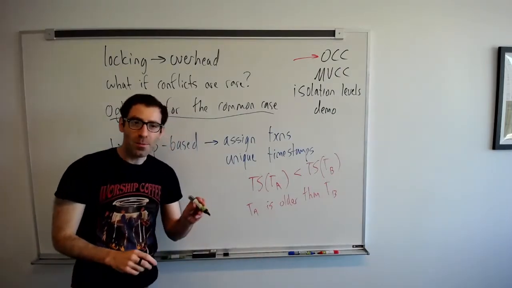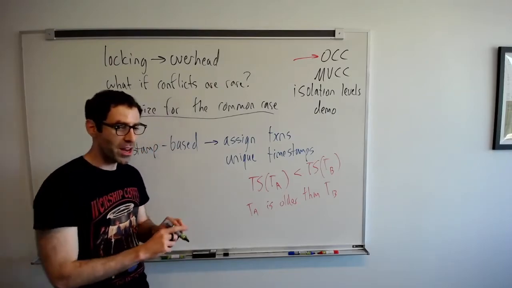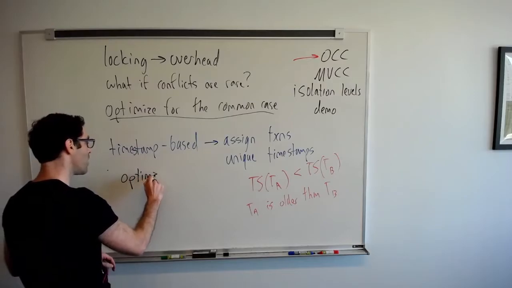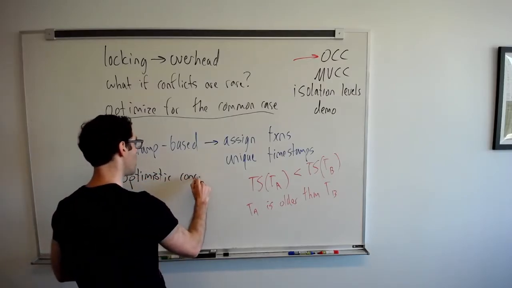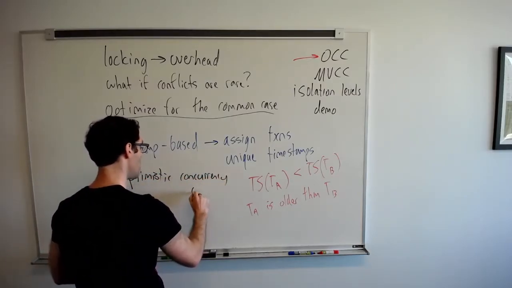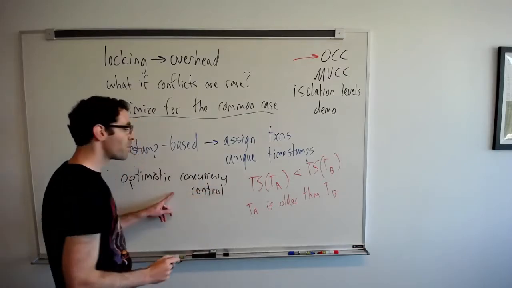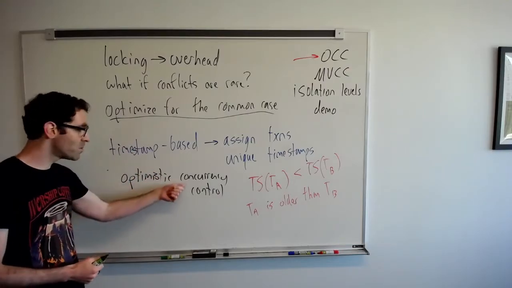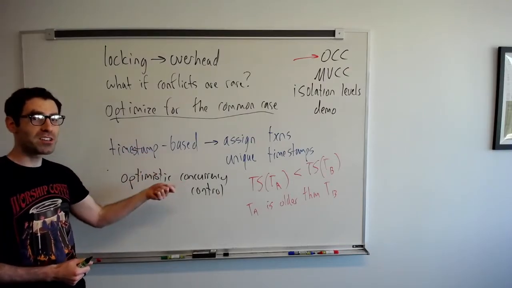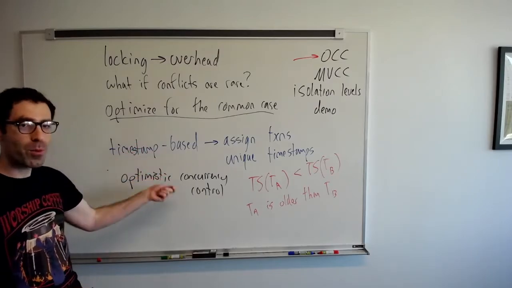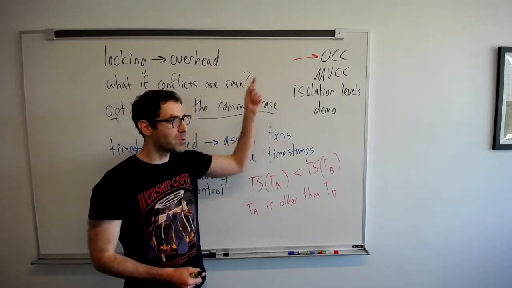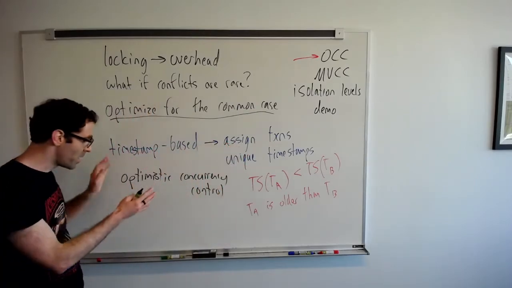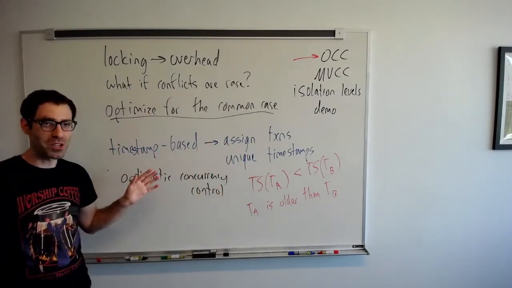The type I want to focus on now is called optimistic concurrency control. So we have a specific protocol called optimistic concurrency control, which is an example of a protocol in the category of optimistic concurrency control. Look, I don't know who named these. This makes no sense, but it is the actual terminology.